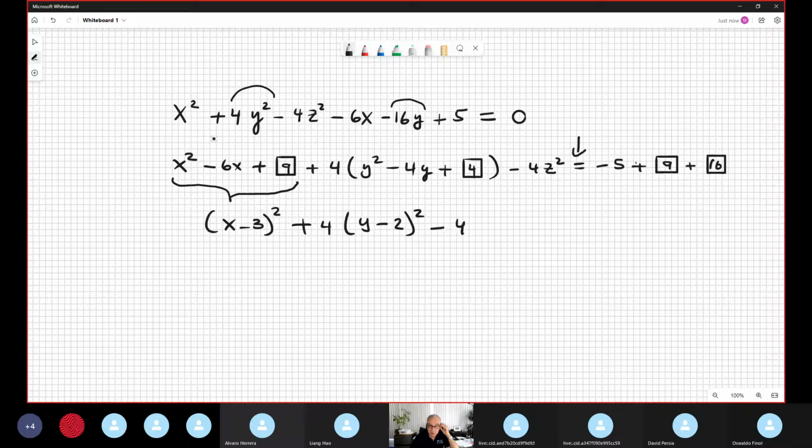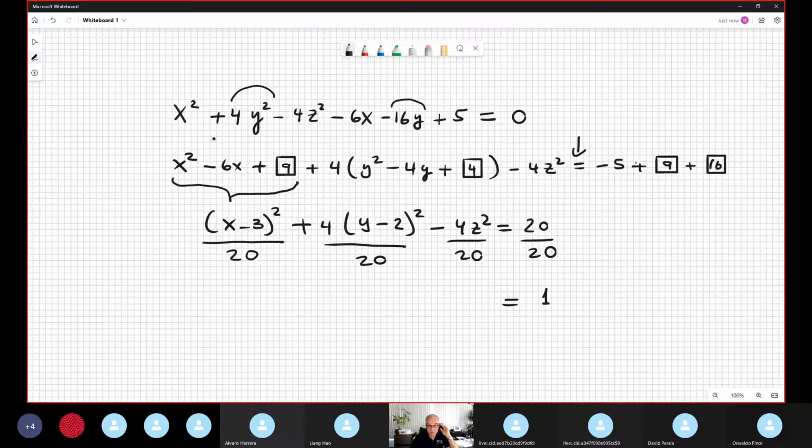Plus minus 4z squared equals something, in this case 25 minus 5, 20. Okay, almost I finish. Now you divide by 20 everything, because I need right-hand side 1, no?